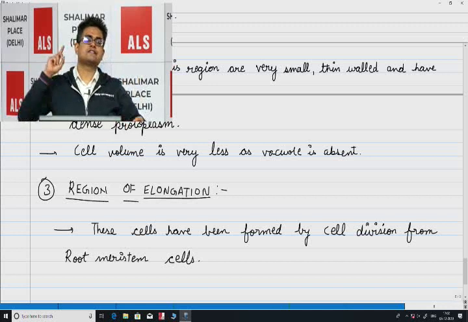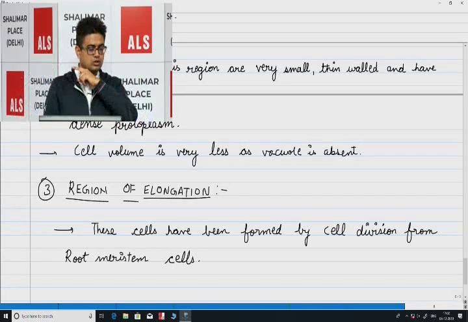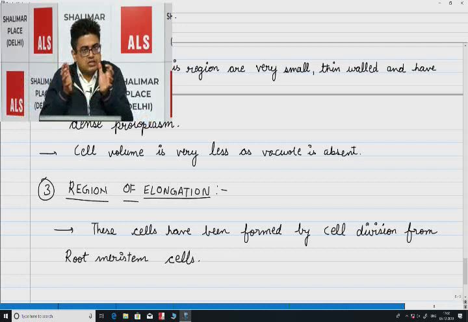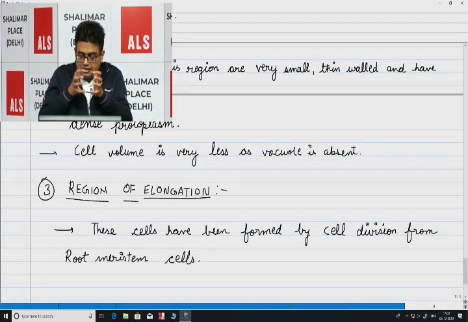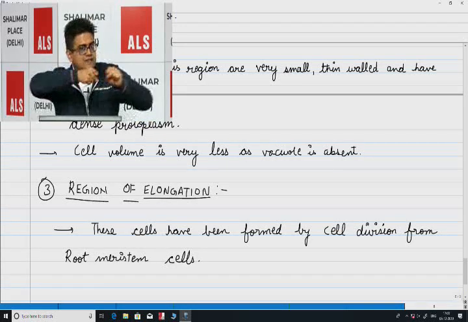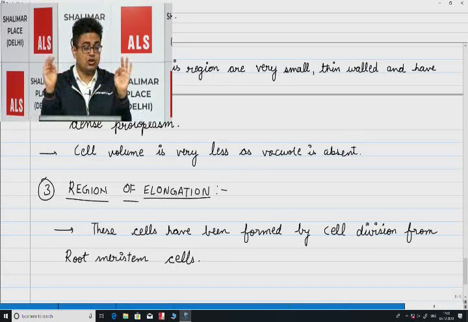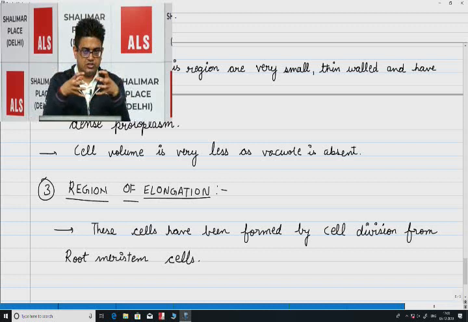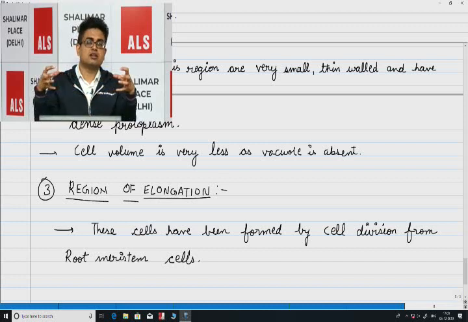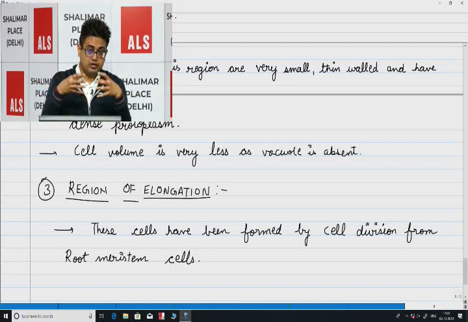Now, these cells will develop a cell vacuole. The cell vacuole will cause changes in the cell volume. Cell volume will become large. The cell wall will stretch a lot. After stretching, the cell wall will repair itself.